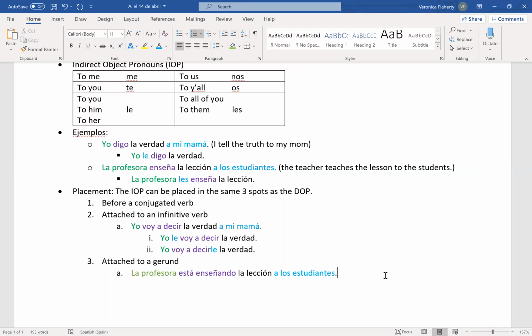Les. And where else could it go? Before está, right? So we could have la profesora les está enseñando la lección. Or we could have la profesora está enseñándoles la lección. And when we attach our les to enseñando, we have to put our accent on, just to make sure we're still pronouncing it correctly.